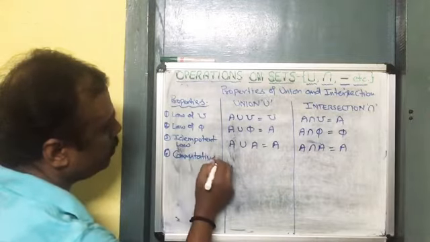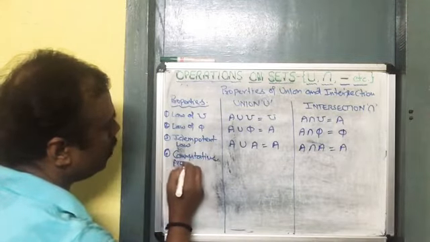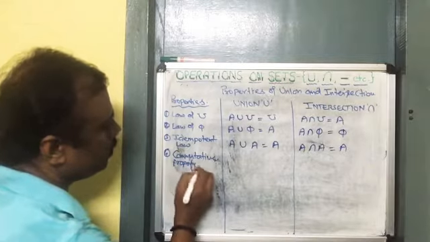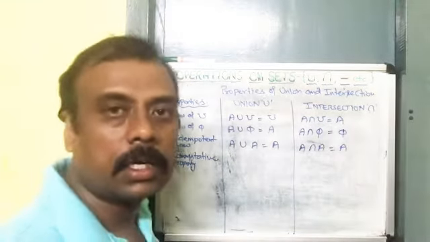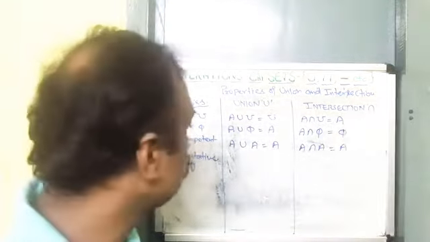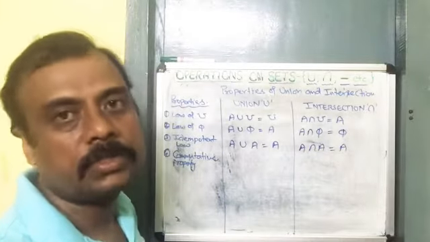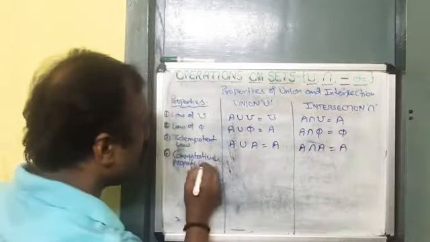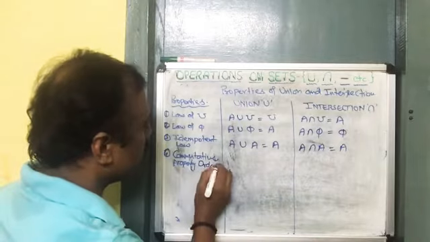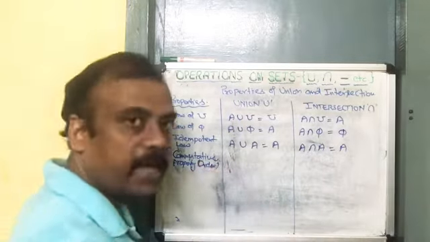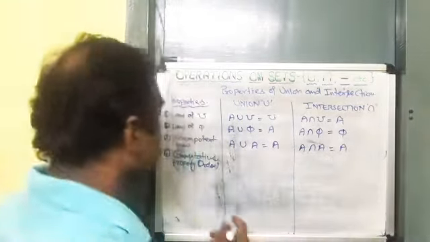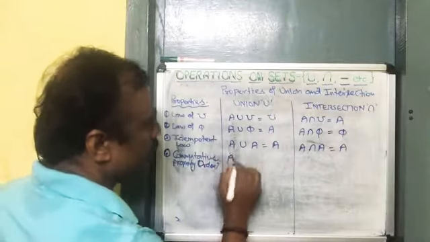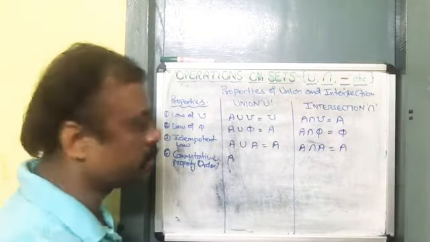Whenever the name commutative comes, a word should come to your mind, that is order. Order means after changing the order, whether the value is changing or not, that is the commutative property. So here we take two sets.